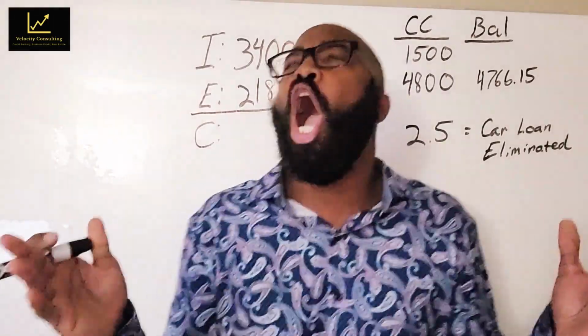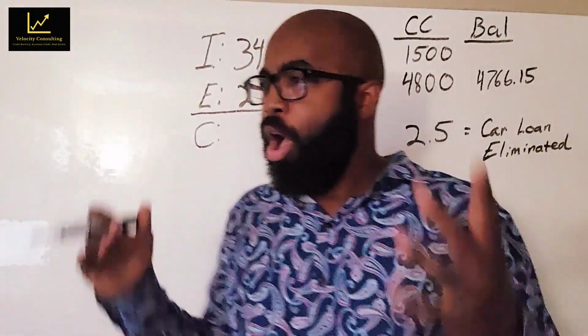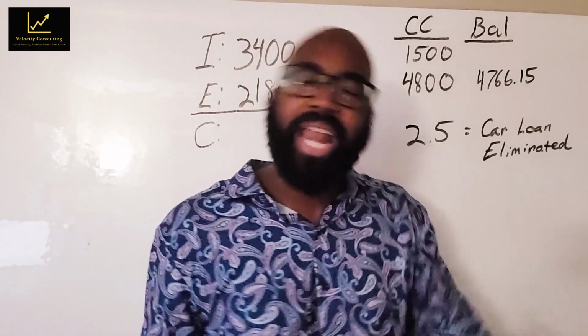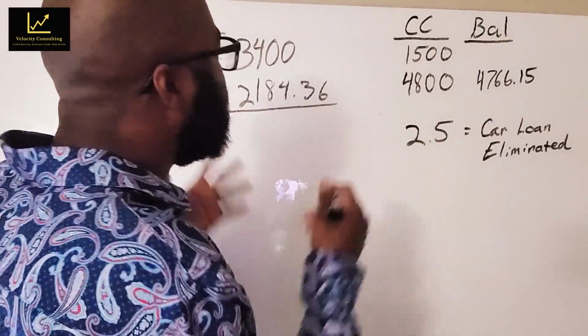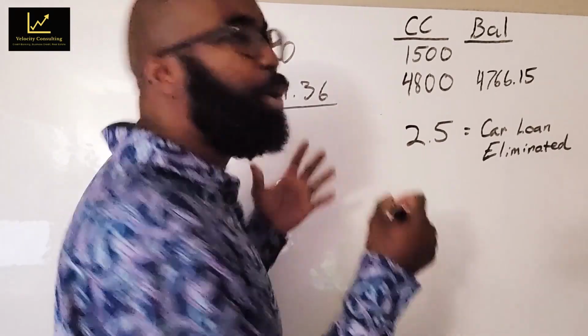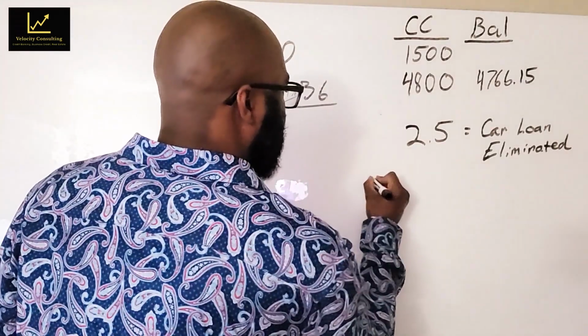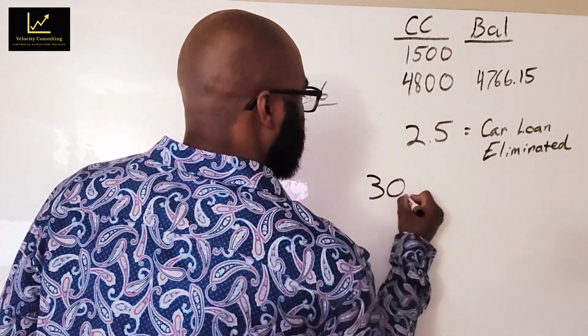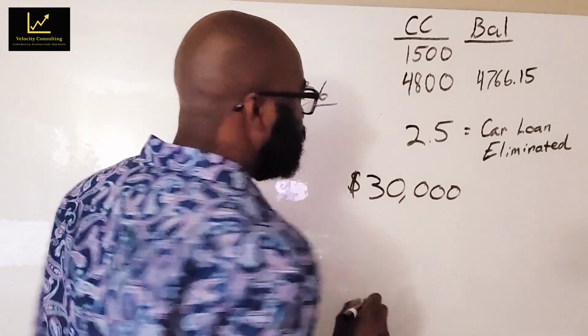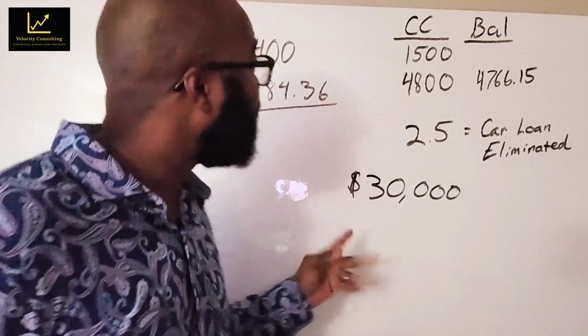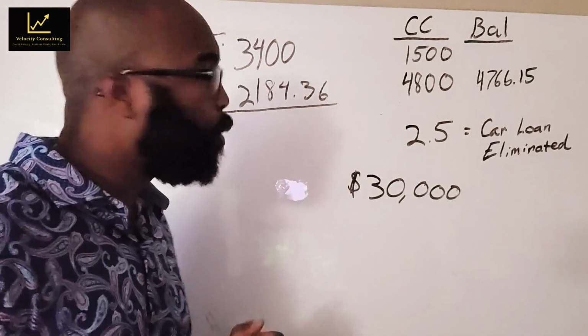Now, regardless of what the principal is on that car, I want you to remember something. Let's say the principal is $30,000. And so let's go ahead and put the $30,000 right here. $30,000. You're bringing in $3,400.